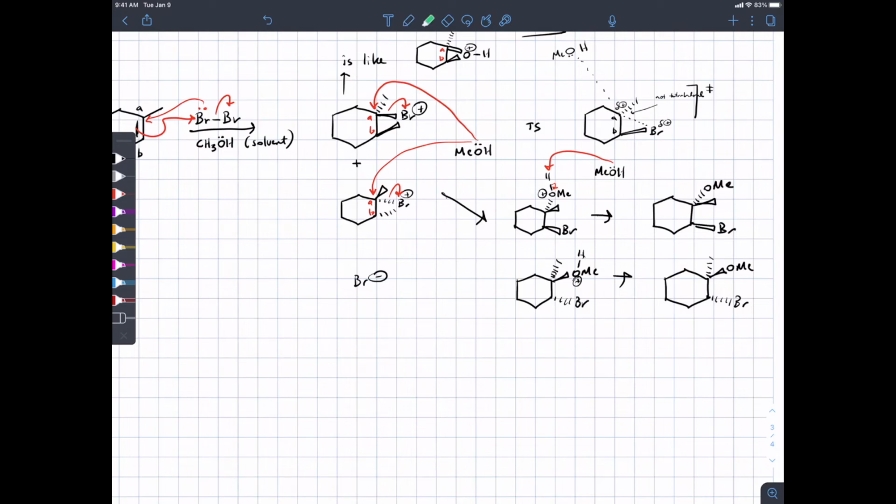Notice that those groups are anti to each other, and then notice the fact that the nucleophile, which came in the second step, is on the more substituted carbon.